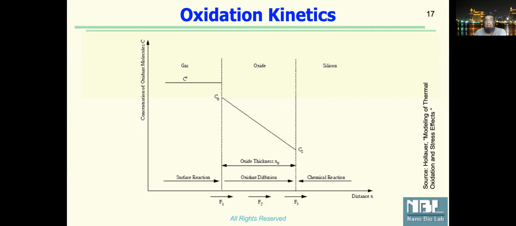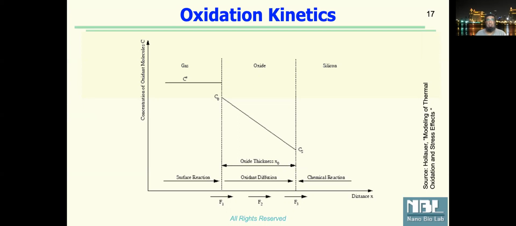When the oxidation starts, the reaction is only at the surface. But once the oxide becomes thick, there is a diffusion regime where oxygen has to diffuse through the existing silicon dioxide, then get to the chemical reaction at the interface, where first it has to diffuse through and then result in oxidation.